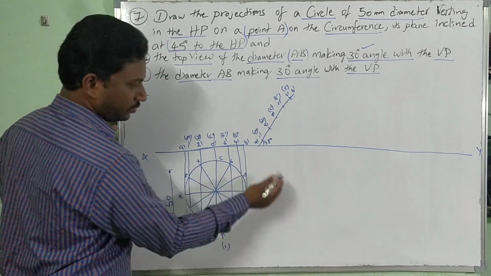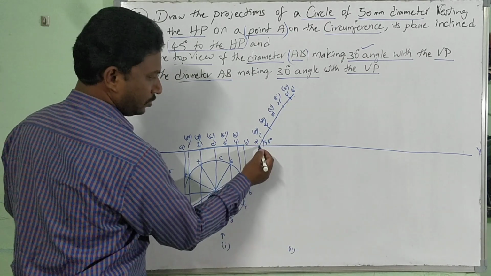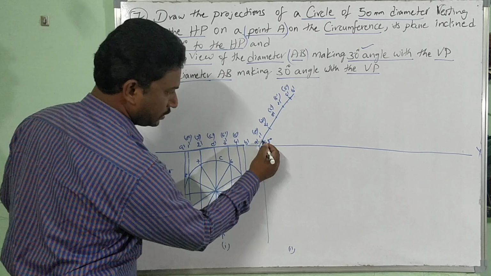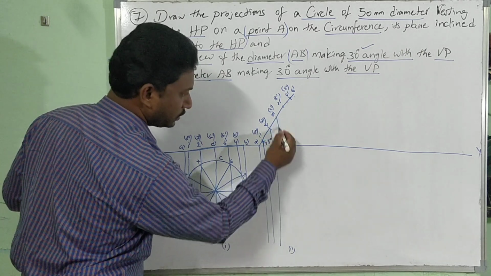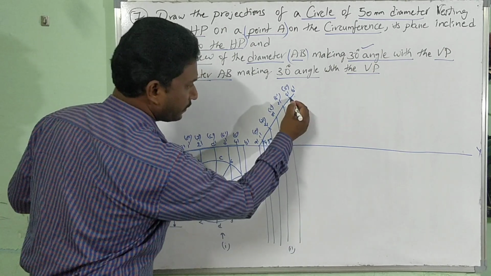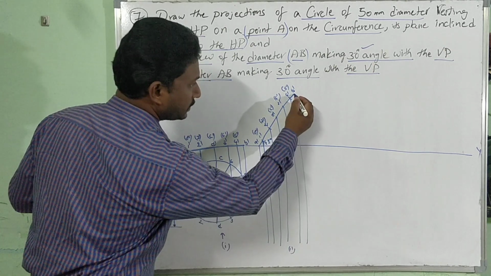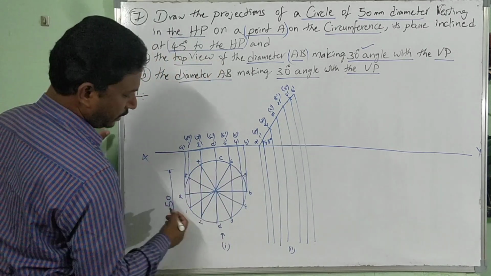Now projecting the second stage top view from A dash, 1 dash, 2 dash, D dash, 3 dash, C dash, D dash.